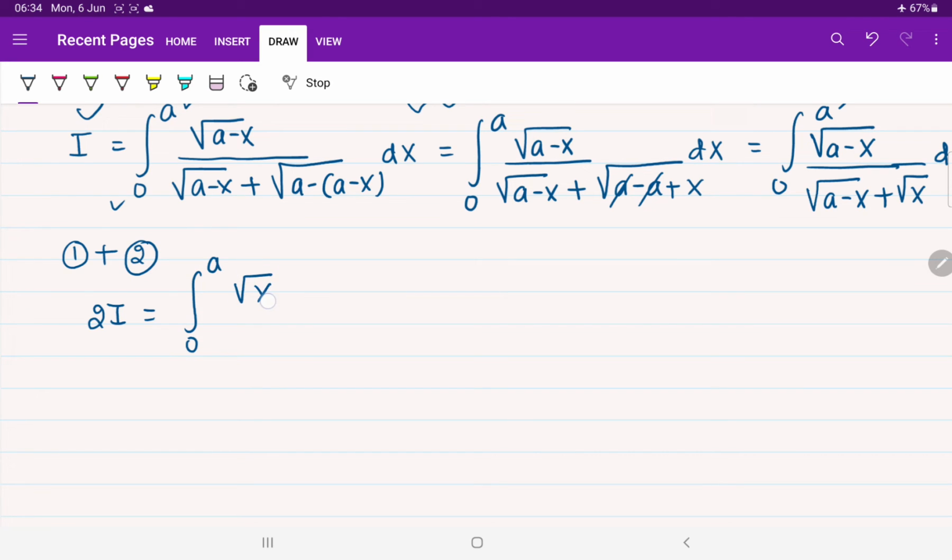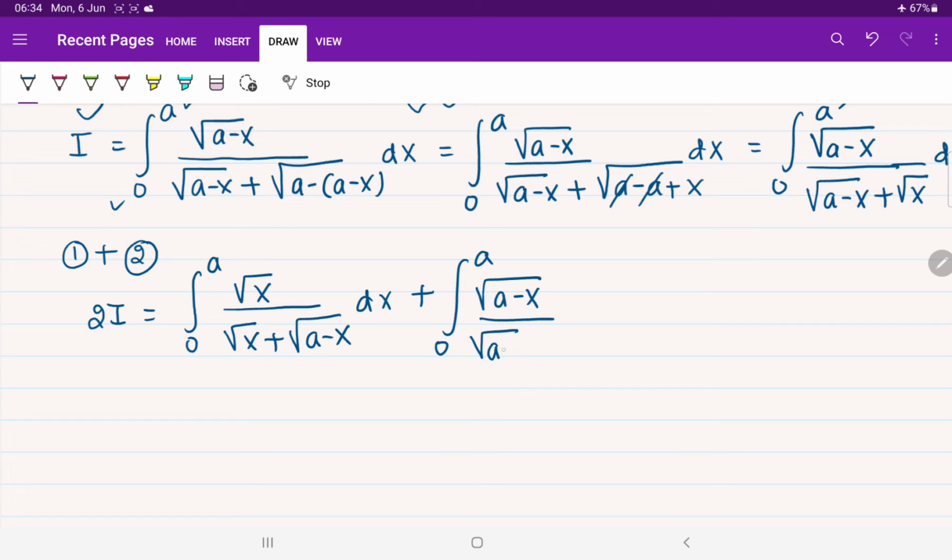First we are having square root of x upon square root of x plus square root of a minus x into dx. In the second case we have 0 to a square root of a minus x upon square root of a minus x plus square root of x into dx.